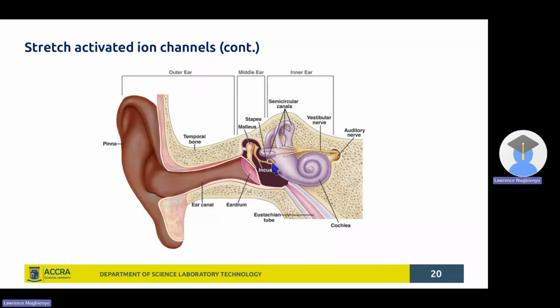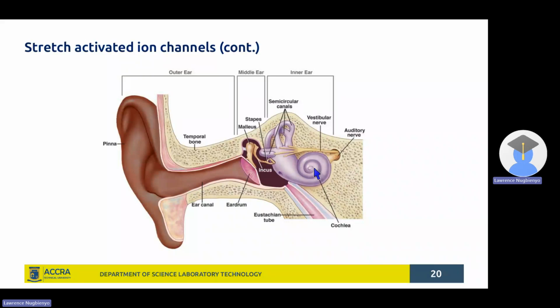And because of the pressure that the stapes will have on the inner ear, it will cause vibration of the fluid inside the inner ear. And such a vibration will then cause the movement of some hair-like structures inside the cochlea.